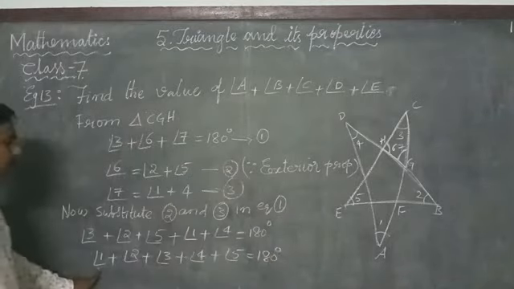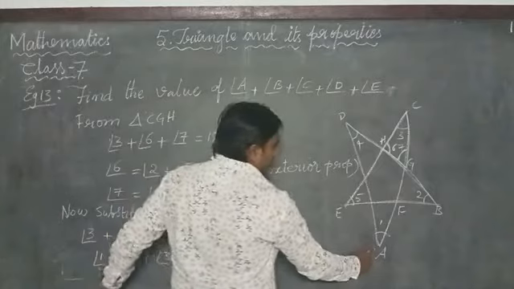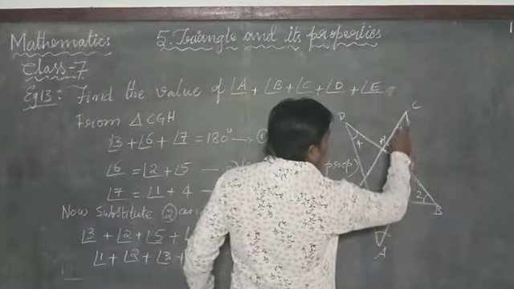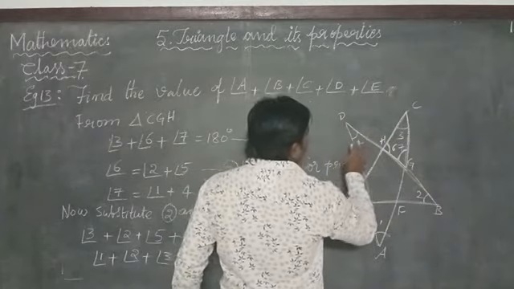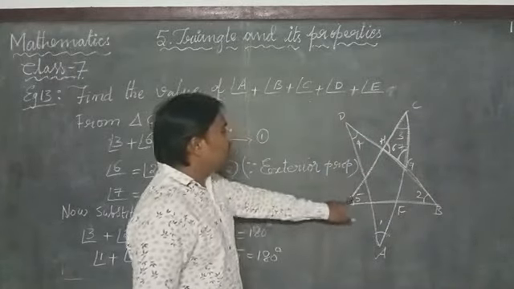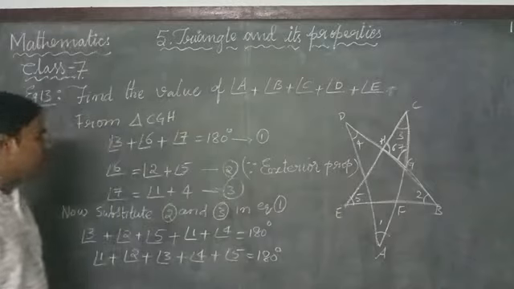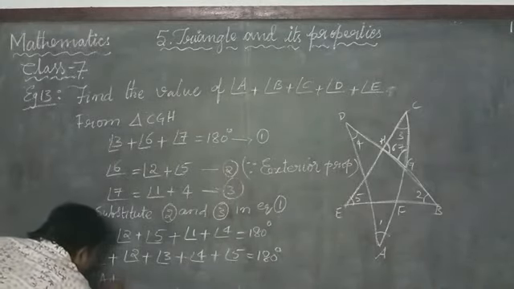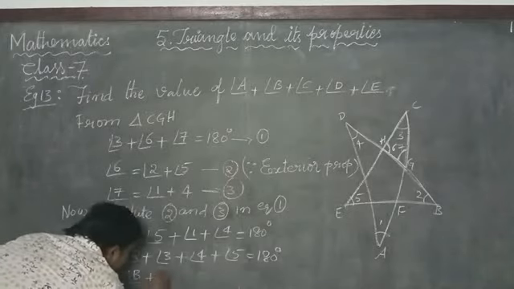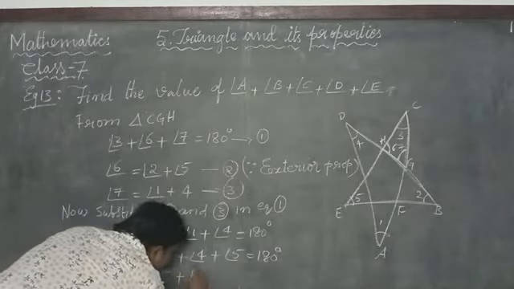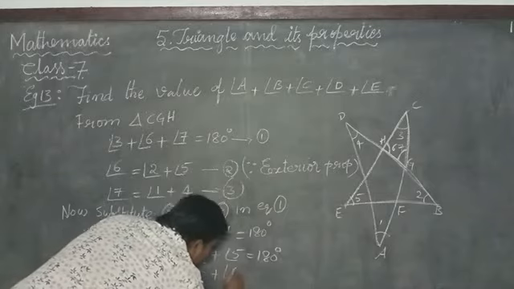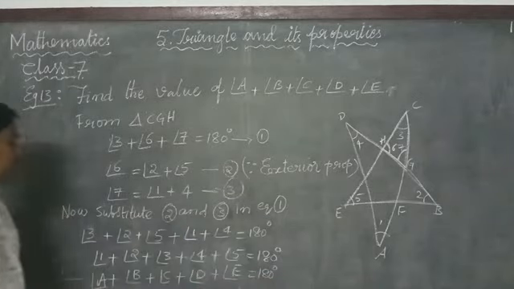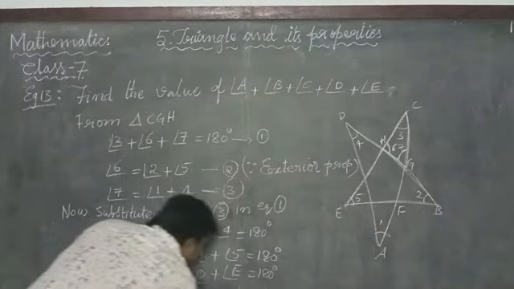Angle 1 is at A, angle 2 at B, angle 3 at C, angle 4 at D and angle 5 at E. Replacing the values, angle A plus angle B plus angle C plus angle D plus angle E equals 180 degrees.